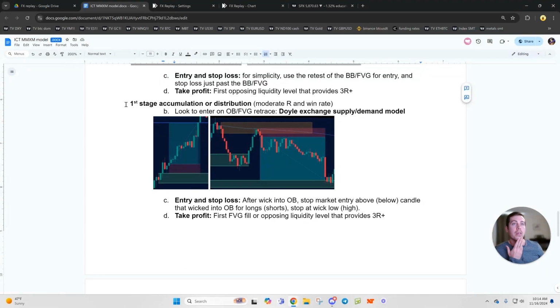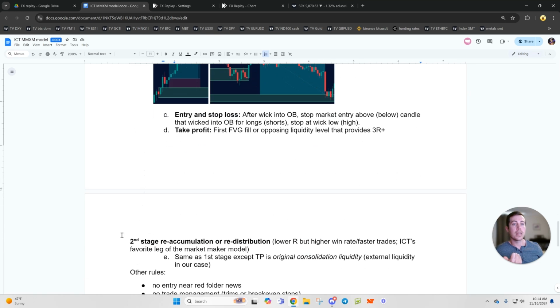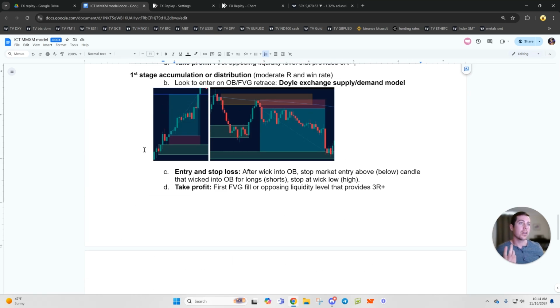And then for the continuation models for accumulation, the first stage and second stage, let's just go ahead and use the Doyle exchange supply and demand model. I backtested this with you guys a little over a week ago, so if you need to go back and review that video, you can. Essentially you're looking for demand levels for a move to the upside, which is essentially an order block.